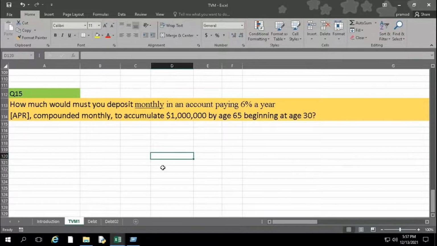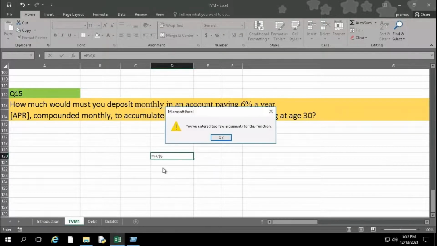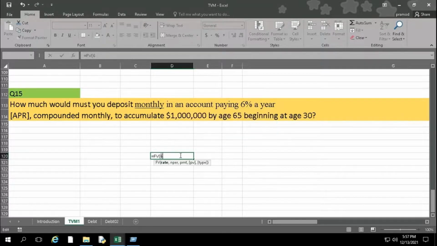But for this you don't use present value, you use future value, FV. The rate is 6%, 6% divided by 12, comma, so compounded monthly, nper.